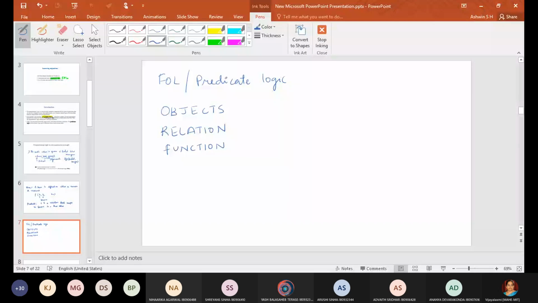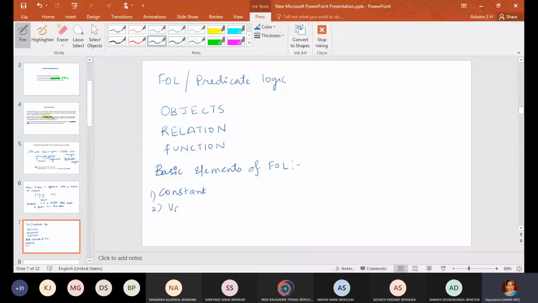Now, what are the basic elements of FOL that we see? Whenever you represent, we may give you a few sentences and you may have to write them in predicate logic. So what are the basic elements of first order or predicate logic? As we know, the first is constant.